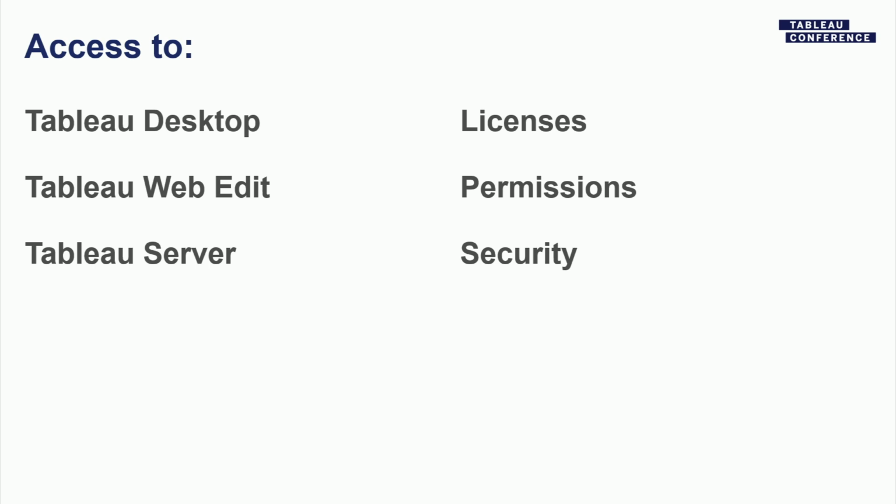We want to encourage ease of adoption by making it easy to request a license to Tableau Desktop, making it easy to get access to Tableau Server within certain constraints. This doesn't mean that I get access to everything at once. It just means that I get access to a place where I can learn how to use Tableau Desktop and share it with my friends.